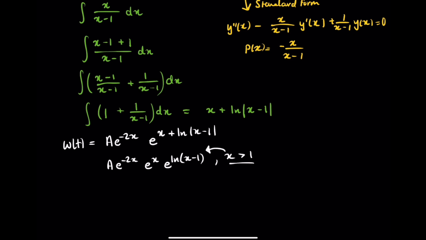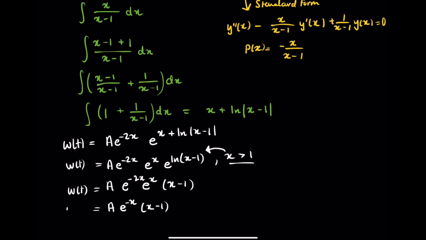And then remember, we can simplify this term to just x minus 1, and then e to the x, e to the minus 2x, and then we can add these two powers together to give us e to the minus x, x minus 1. And this is w(t). So that is your w(t).